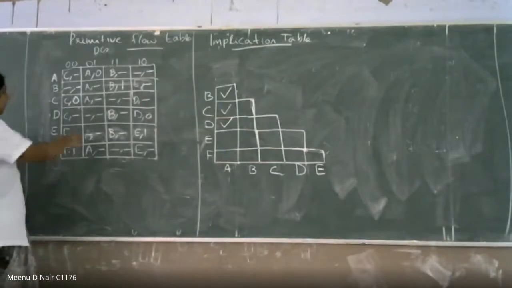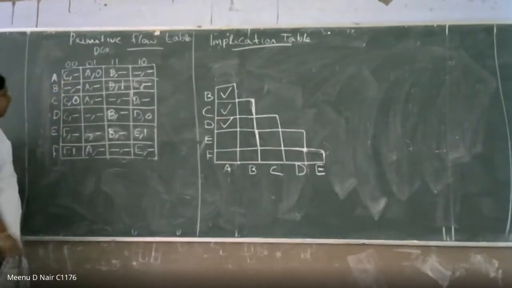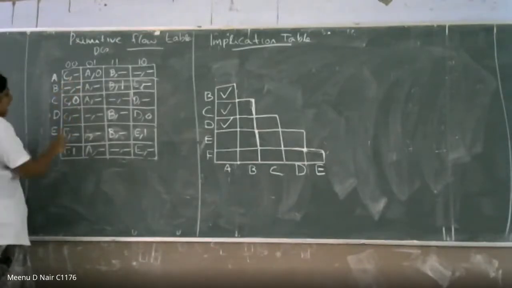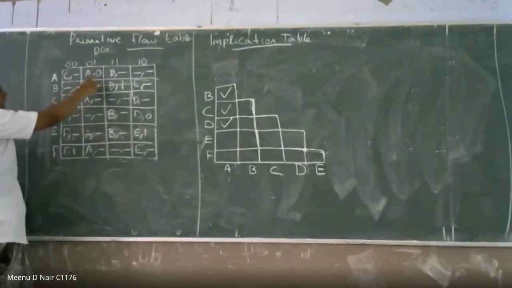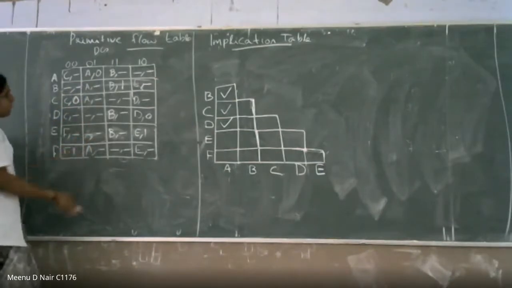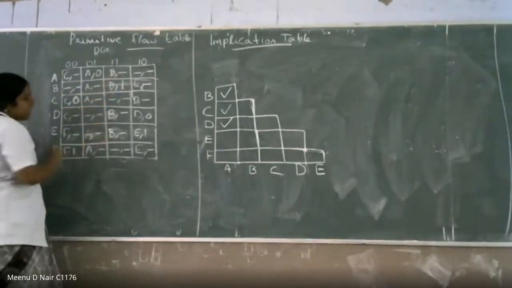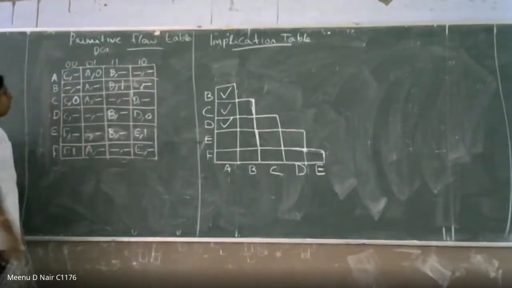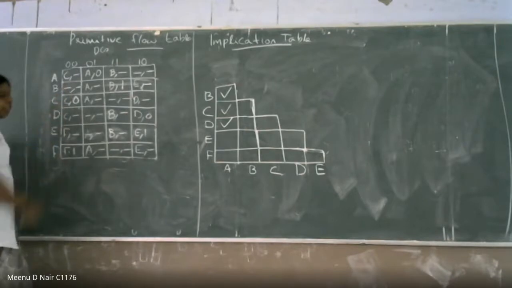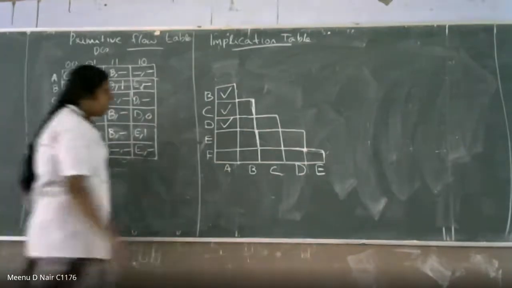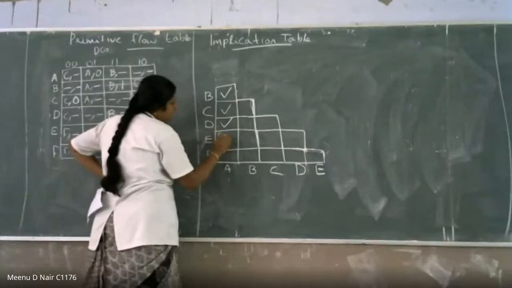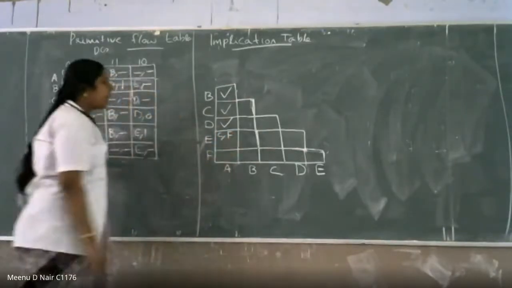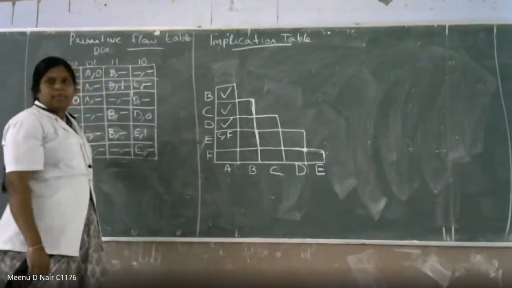Now what we are going to check is C comma F. Is it comparable? C comma dash and F comma dash here. A comma 0, dash comma dash, that is comparable. B comma dash is comparable. Dash comma dash, E comma dash is comparable. So you cannot compare C and F. So you are just writing it here, C and F, not comparable.